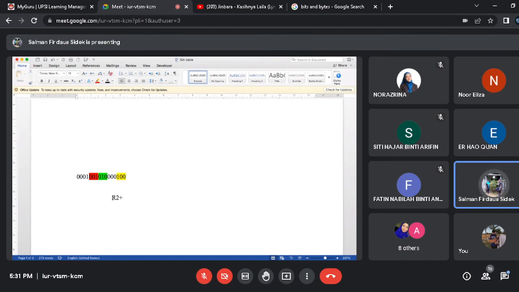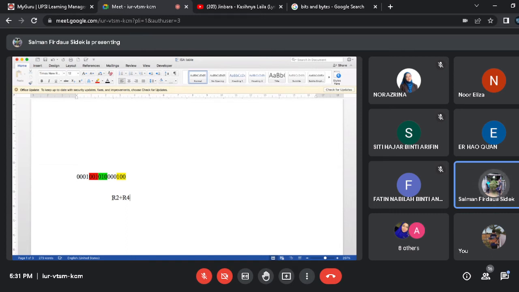All of these registers will be used regularly. For this instruction, the first operand is located in R2. The second one is in R4, because 100 is 4, right? In arithmetic we have learned 100 is 4, 010 is 2.